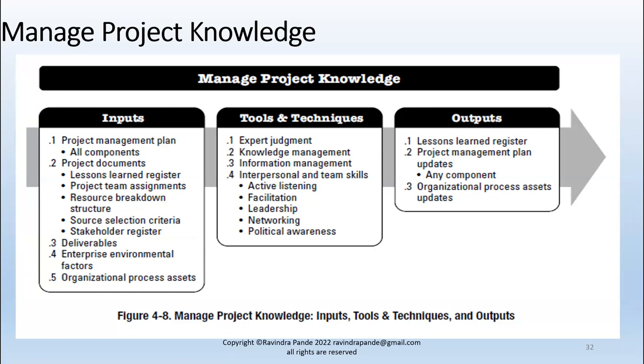If you choose any other platform, then you might have to mention the source selection criteria within your project lessons learned register, so that in such a scenario, even the next similar projects will be executed on a similar platform, and the reasons are mentioned there. Then again, the stakeholder register.